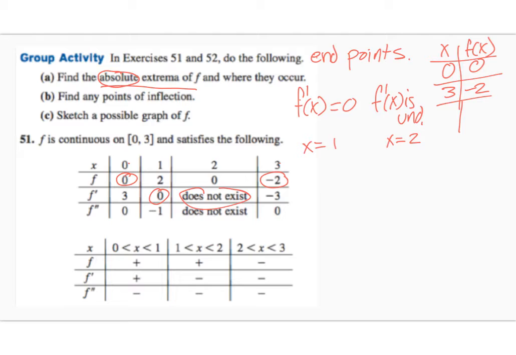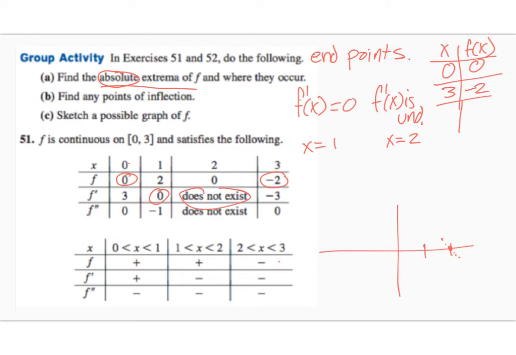And between 2 and 3, our graph is negative. So to me, that tells us that at 2, our graph crosses from positive to negative in some way. We also know the derivative does not exist there, so there's something happening there that's an issue.